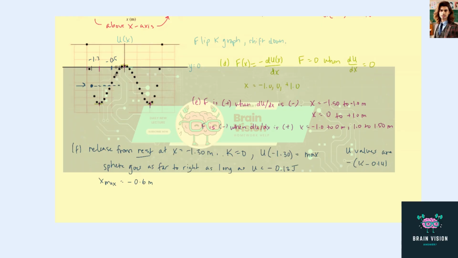And what is its largest kinetic energy? Well, the largest kinetic energy is going to be when U is a minimum, and that's going to be at negative 1.0 meters.